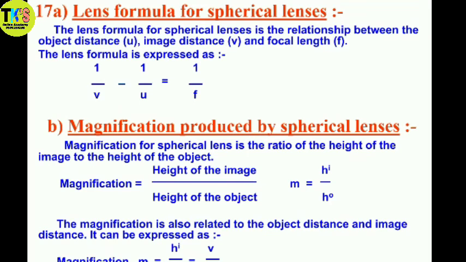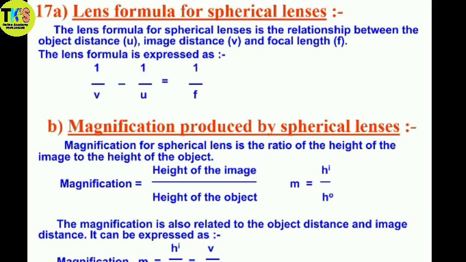Second is magnification produced by spherical lenses. Magnification for spherical lens is the ratio of the height of the image to the height of the object. Magnification is nothing but the ratio between height of image to the height of object. The magnification is also related to, in other words we can say that it is the ratio between the object distance and image distance.